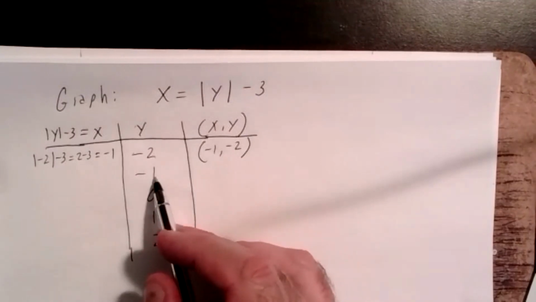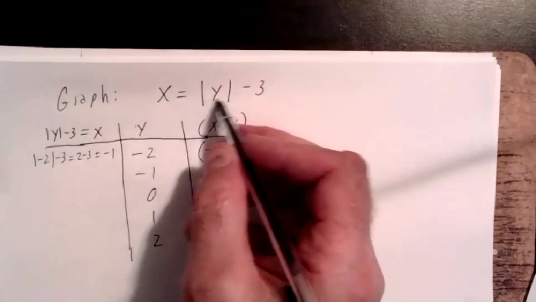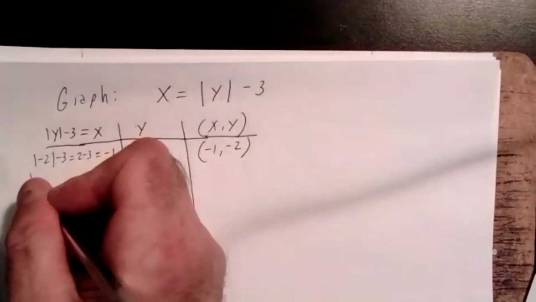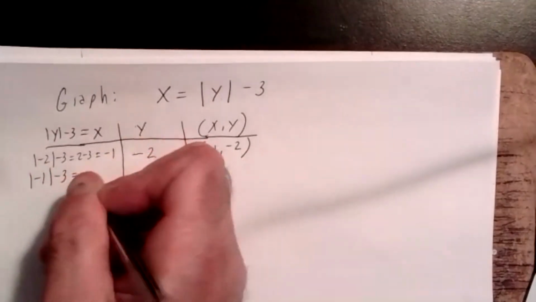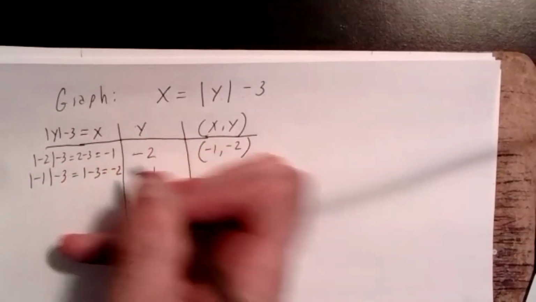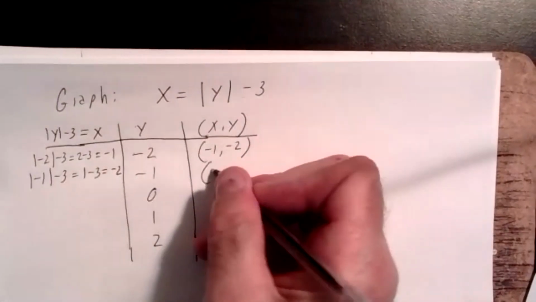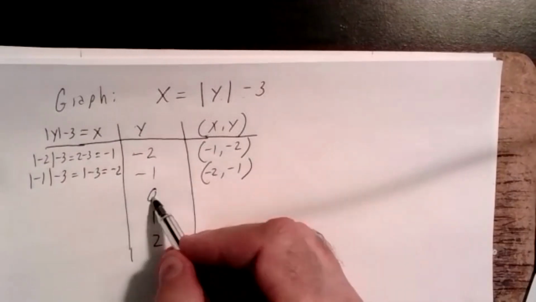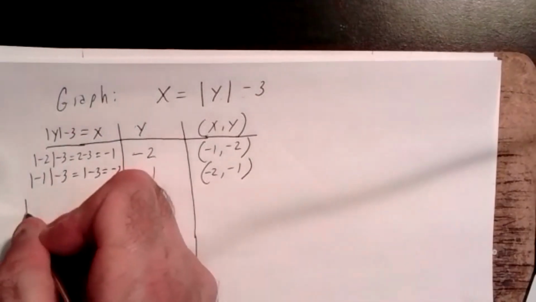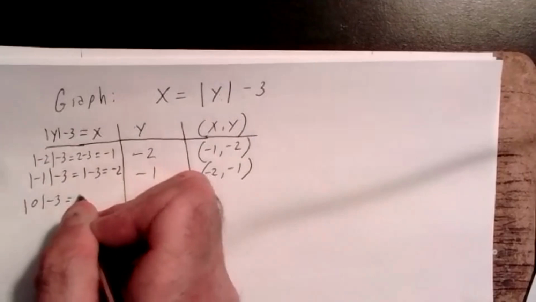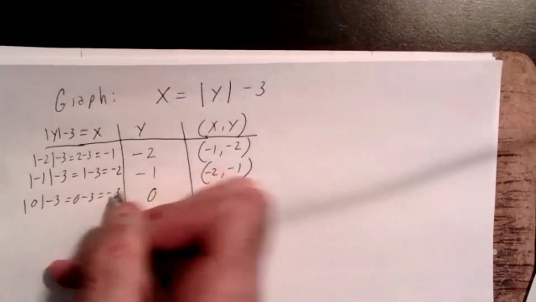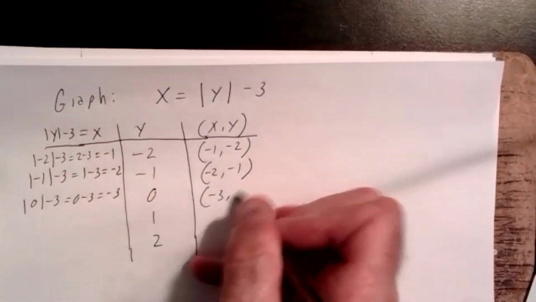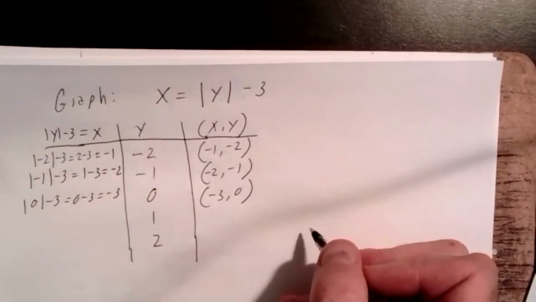If y is -1, x is going to be the absolute value of -1 minus 3, which is to say 1 minus 3 or -2. Hence, -2, -1 will be a point on our graph. If y is 0, x is going to be the absolute value of 0 minus 3, which is to say 0 minus 3 or -3. Hence, -3, 0 is a point that lies on our graph.